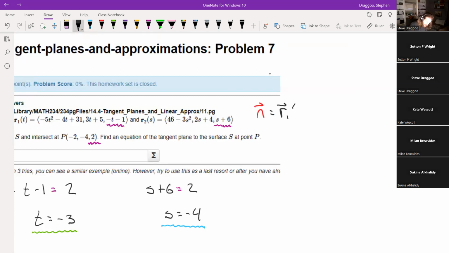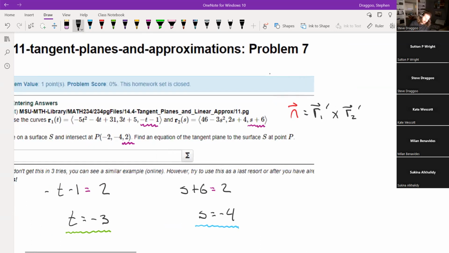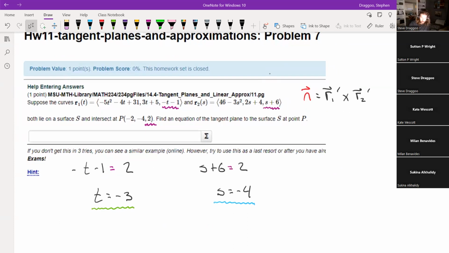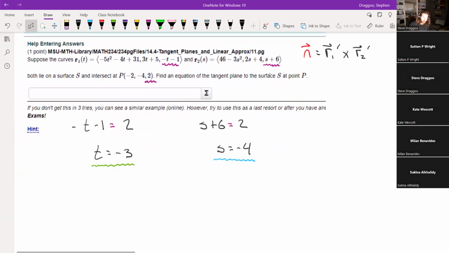So I want R1 prime cross R2 prime, since R1 prime and R2 prime are both tangent to the point P on the surface S. If I get the cross product of those two vectors, it'll give me a normal vector. That's the rest of our goal here: figuring out what that thing should be.